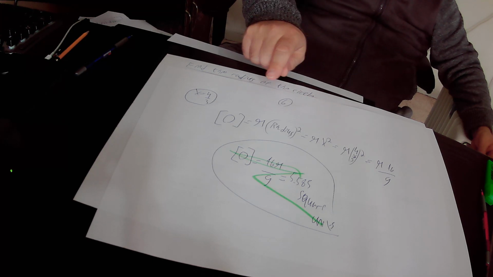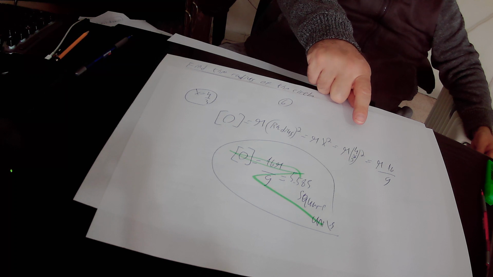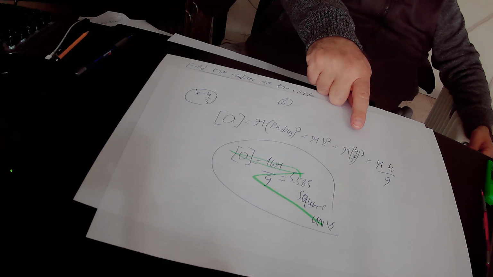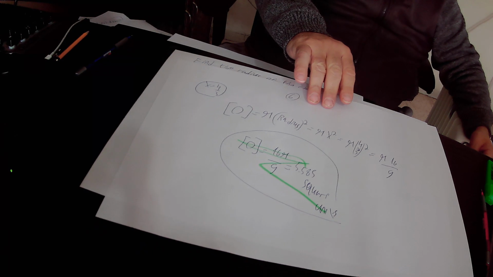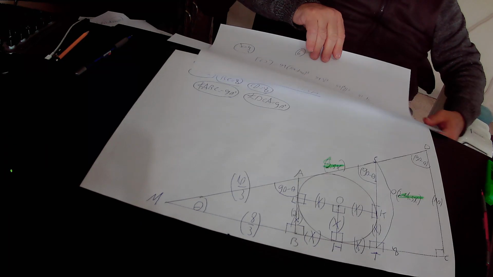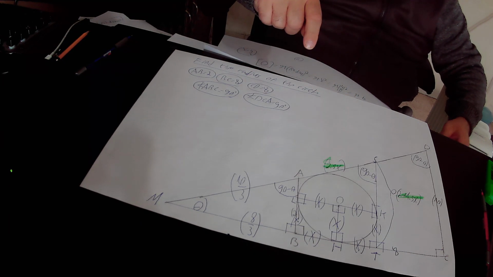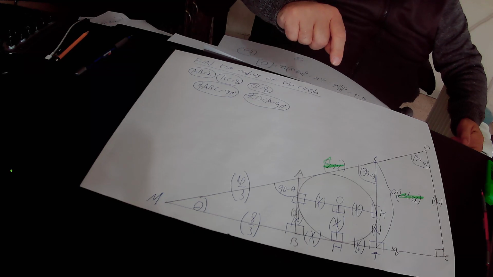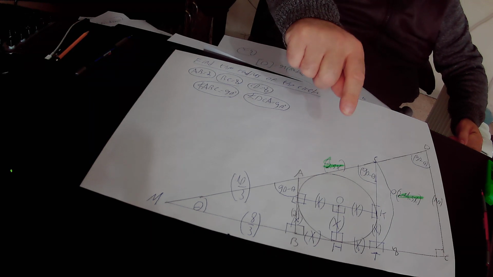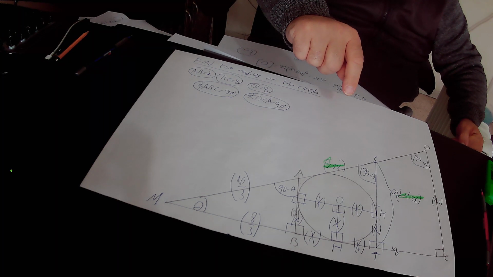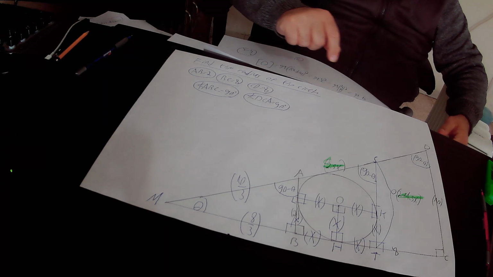And x is 4 over 3, therefore the area equals pi times 4 over 3 squared. 4 squared is 16, over 3 squared, which is 9. So we found that the area of our circle equals 16 pi over 9 square units, or in terms of numbers, approximately 5.585 square units. Okay, thank you very much.